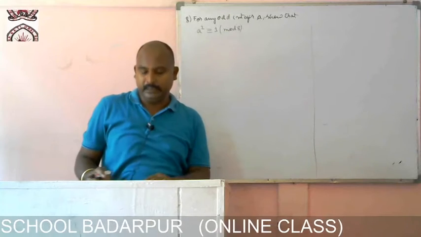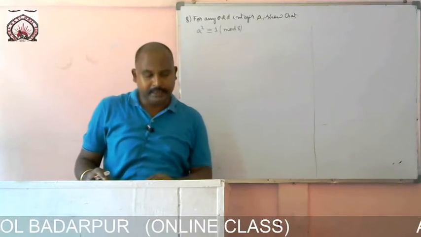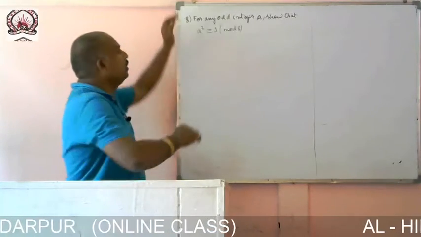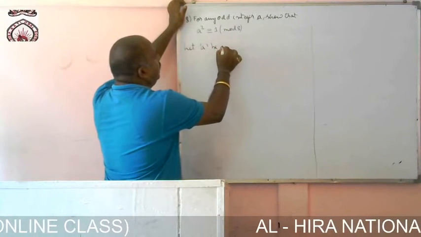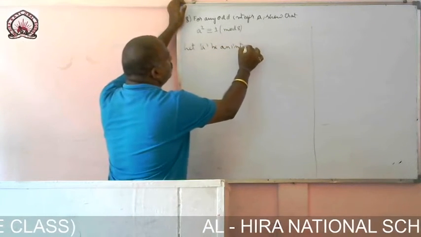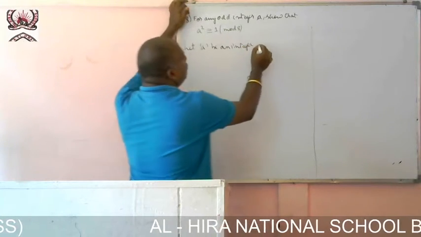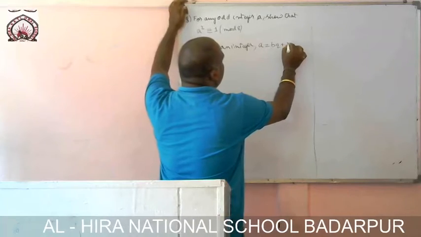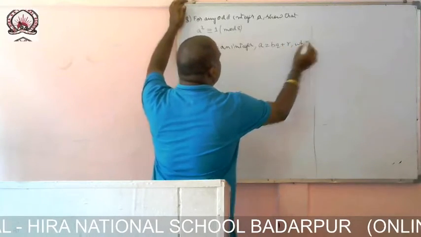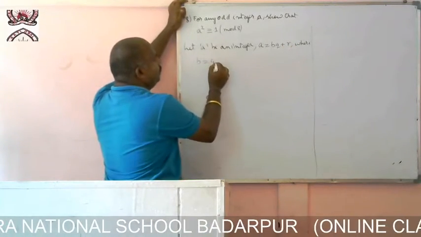Now we have to consider, let a be an integer, a equal to 4q plus r, where b equal to 4.